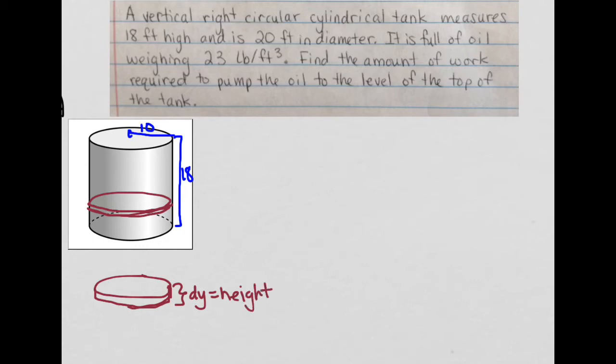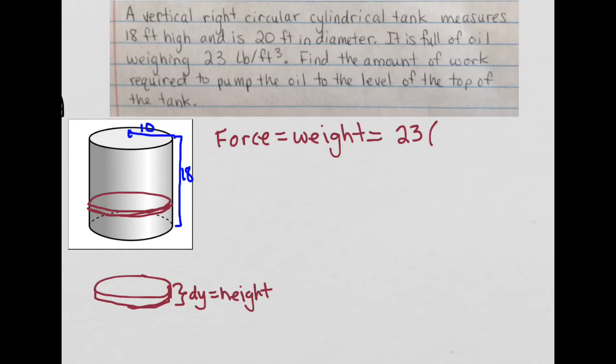To find work, we need to find the force, or the weight. So the force will equal our weight. We know that the oil weighs 23 pounds per foot cubed, so to find the weight we're going to do 23 times the volume of the slice.